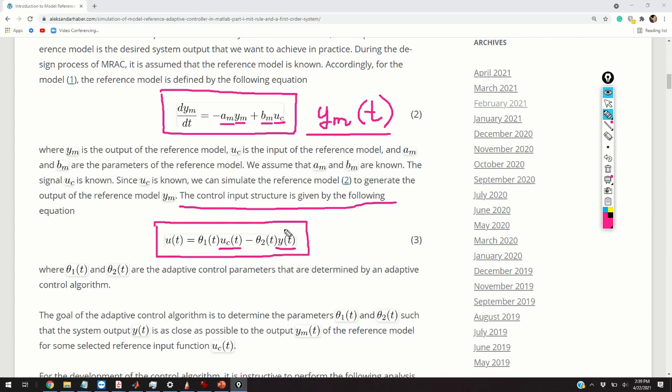These parameters θ1 and θ2 are the parameters that we want to design. So we want to find θ1 as a function of time and θ2 as a function of time.